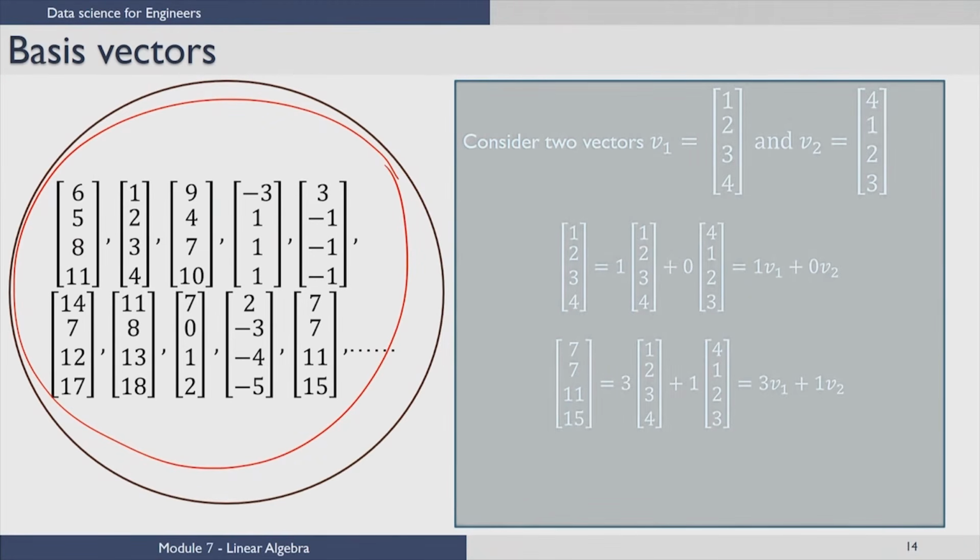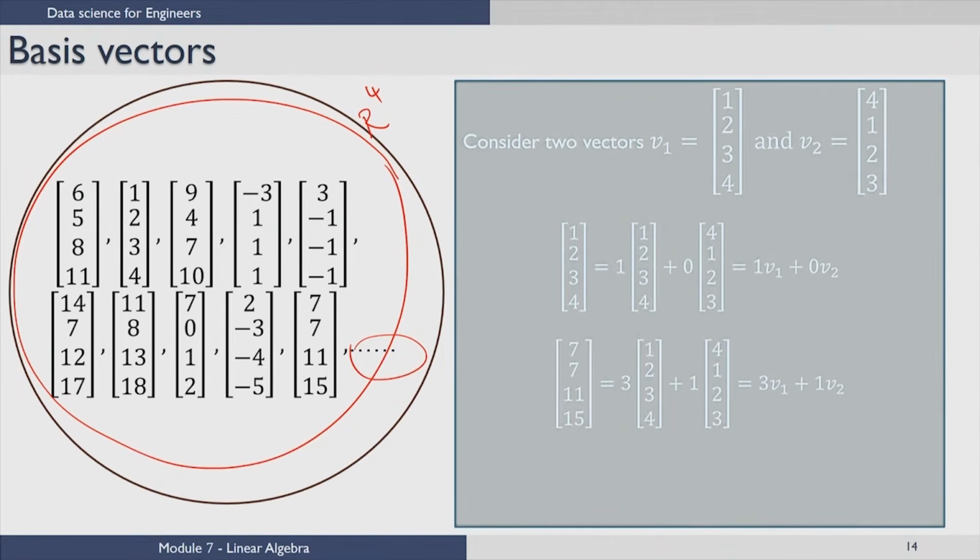There are an infinite number of vectors here, and we will say all of these vectors are in space R4, which basically means that there are 4 components in each of these vectors. Now, what we want to ask is: what is the basis set for these kinds of vectors? When I write the dots here, the assumption is that the extra vectors that I keep generating, the infinite number of them, all follow a certain pattern, and we will see what that pattern is.